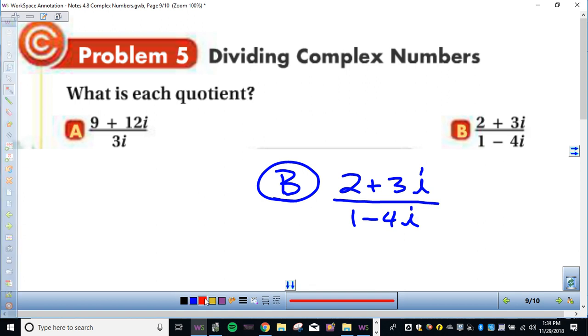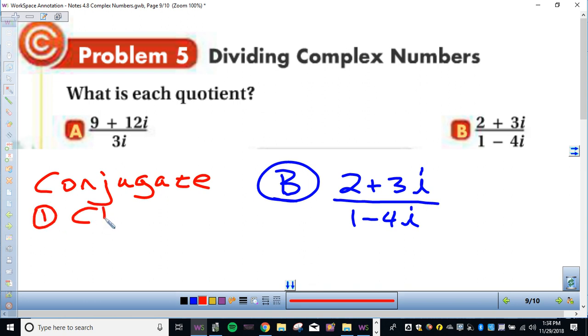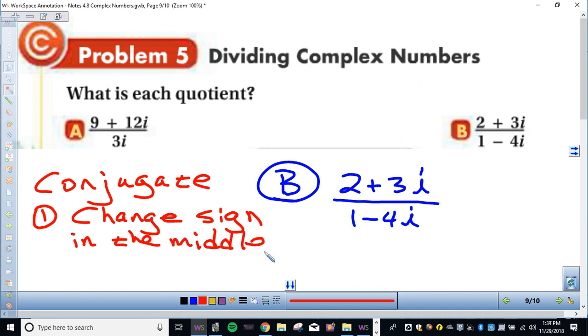Okay, I'm going to multiply by something called the conjugate. When you multiply by the conjugate, you just change the sign in the middle of the parenthesis. That's it. So for the conjugate, you want to change the sign in the middle of the denominator.